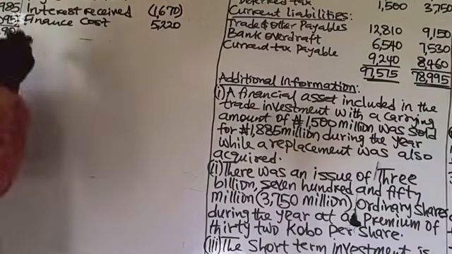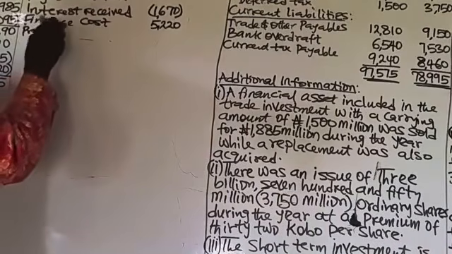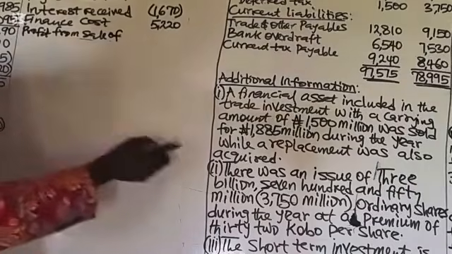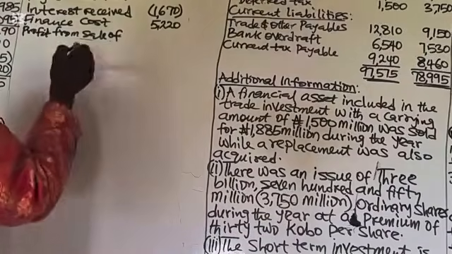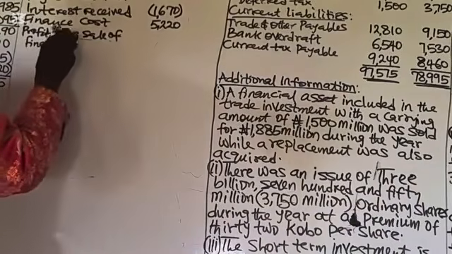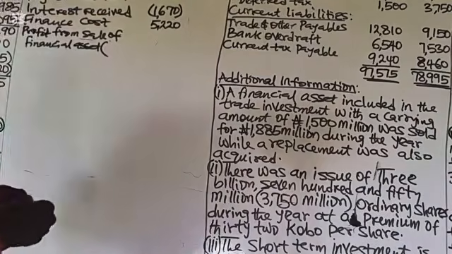So we now have profit from sale of financial asset, which was included in trade investment.